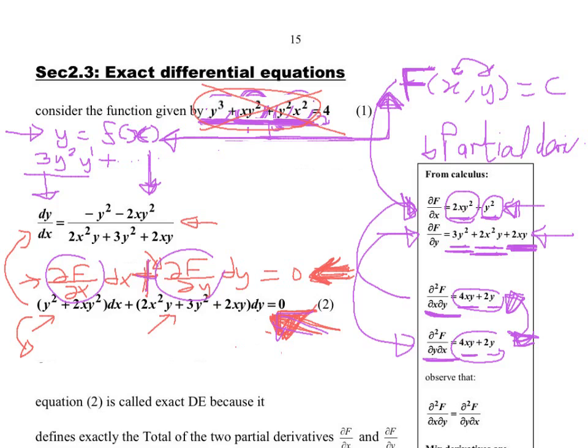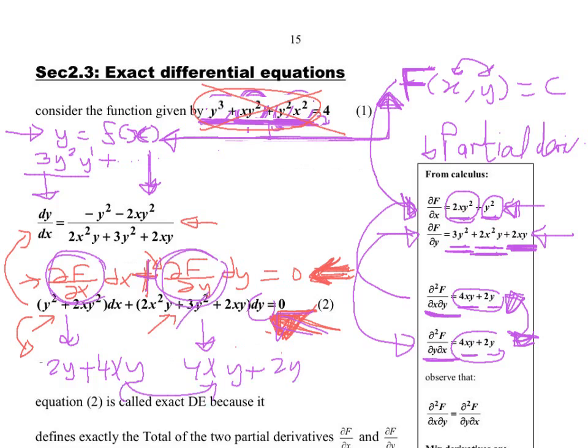If you differentiate this again with respect to y, which is 2y plus 4xy, and differentiate this with respect to x, it is 4xy plus 0 plus 2y. If they are equal, that means it belongs to one f, because what we are finding here is the second derivative.